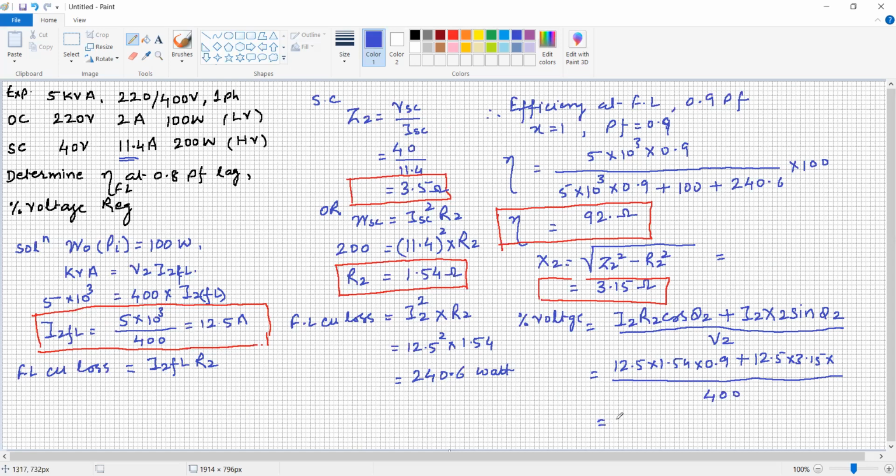So the voltage regulation is 8.62%. In this way, the efficiency and regulation can be found very easily.